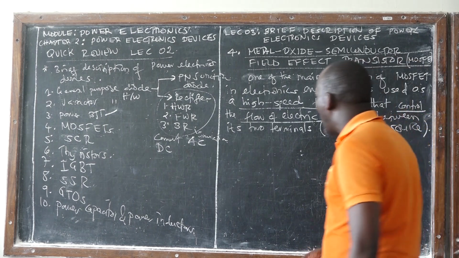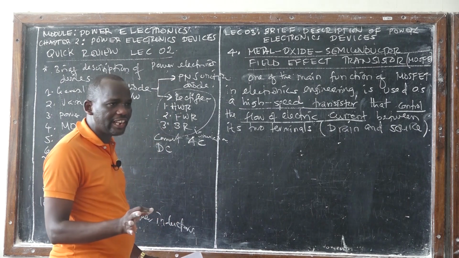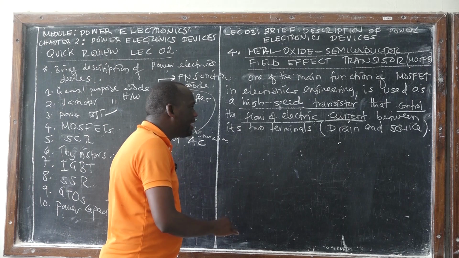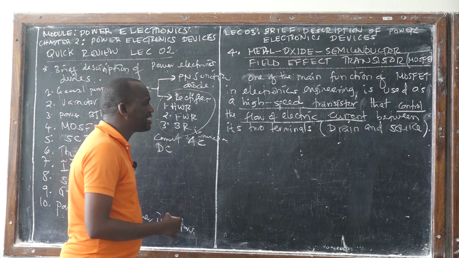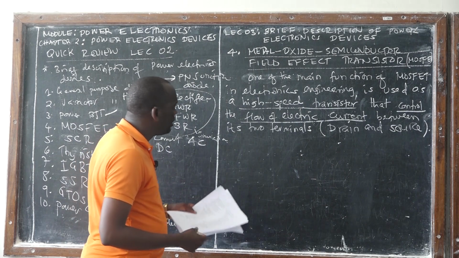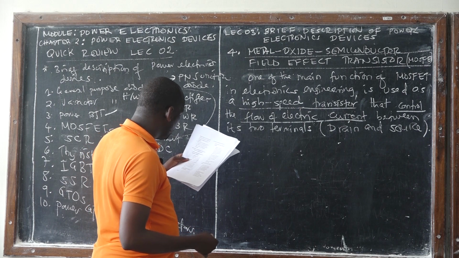So one of the main functions of the MOSFET in electronics engineering, and the one we use in power electronics, is as a high-speed switch.